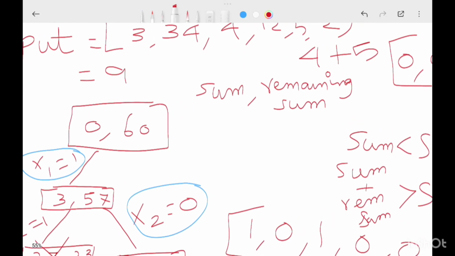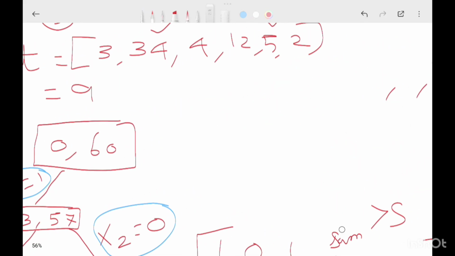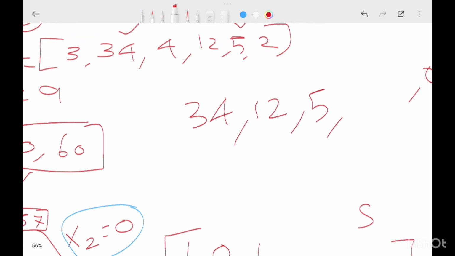If you sort the input in descending order, it will look like this: 34, 12, then 5, then 4, then 3, 2.